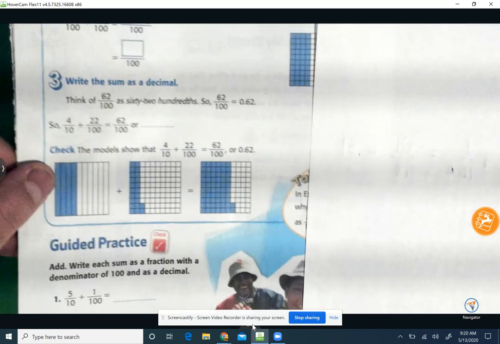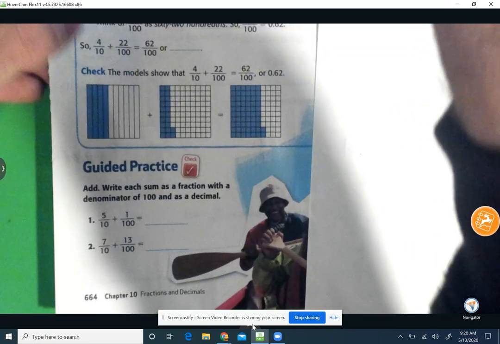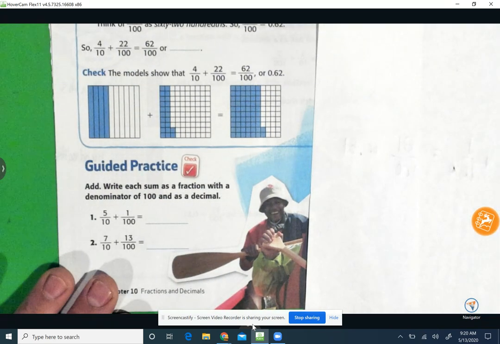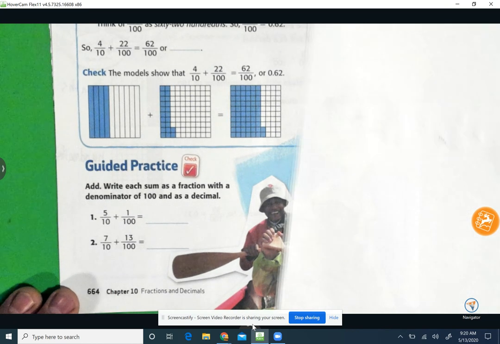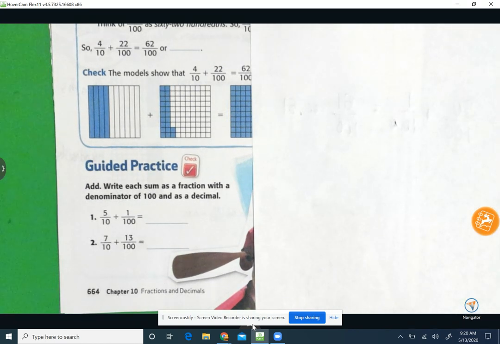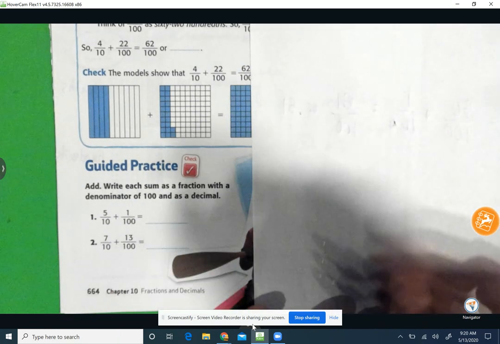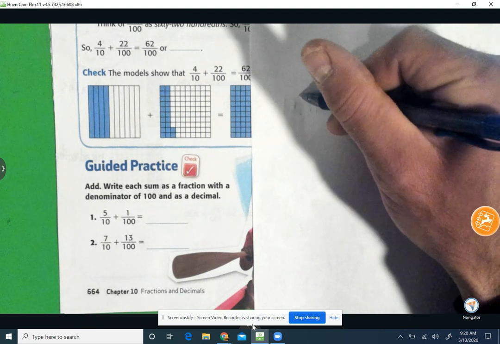We have 7/10 and 13 100ths. Now, again, we can set 13 100ths aside for just one moment, and let's concentrate on the 7/10 as we want to change that to a fraction with a denominator of 100.